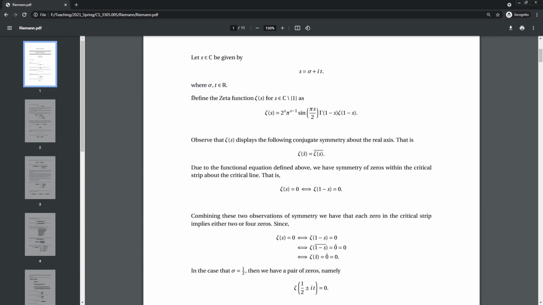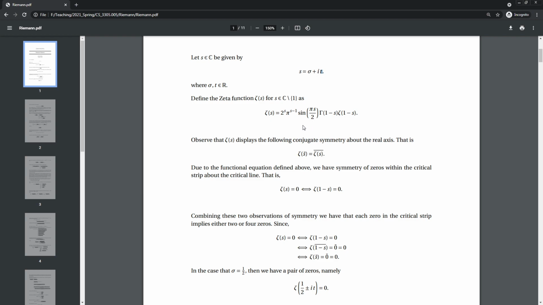Throughout this proof, we'll use sigma to mean the real part of the input variable, and t to mean the complex component of the input variable.